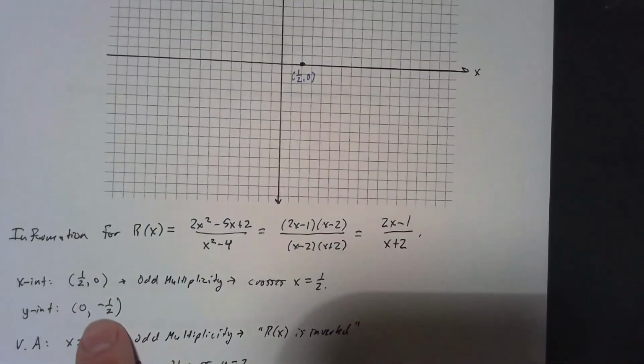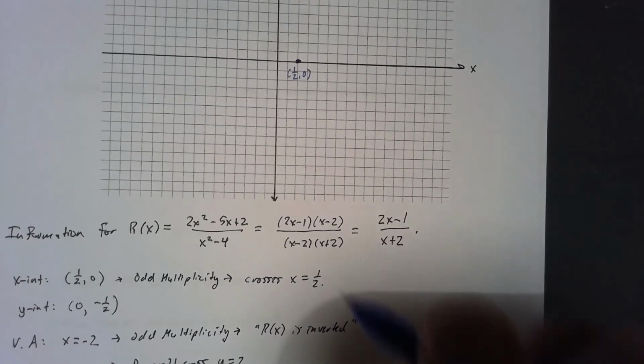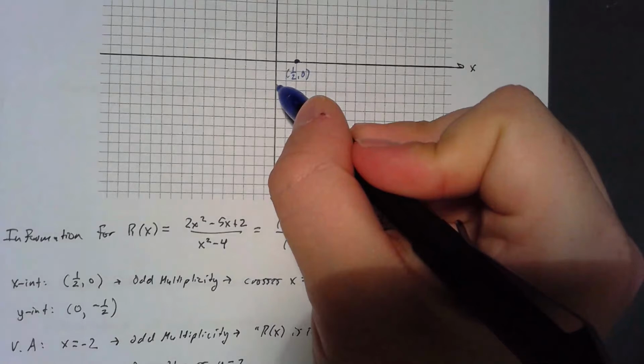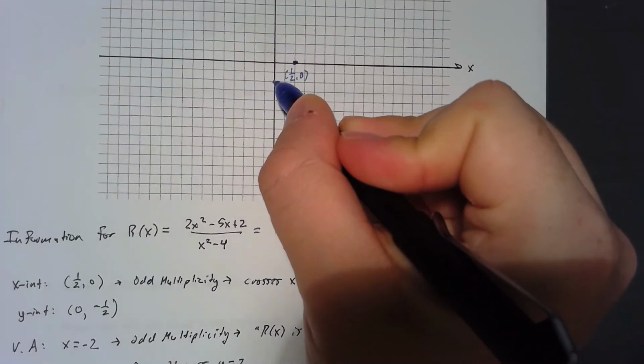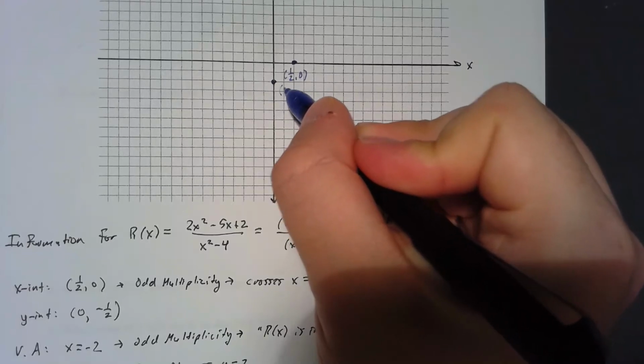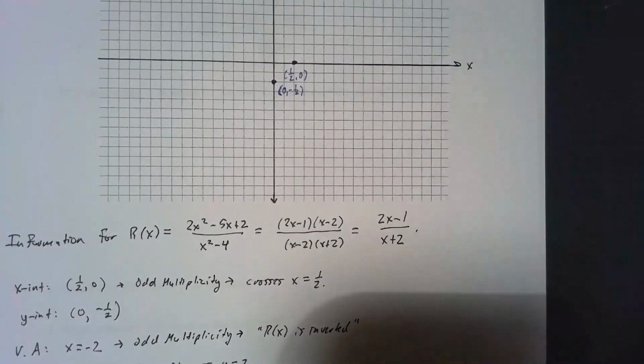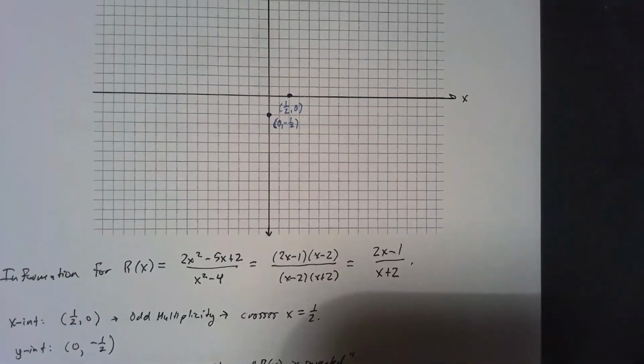My y-intercept was 0 comma negative 1/2, so that's going to be right here. All right, those are my intercepts.